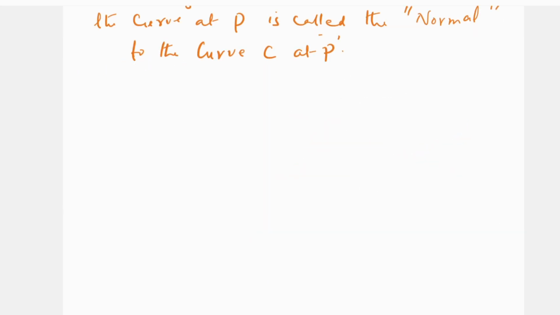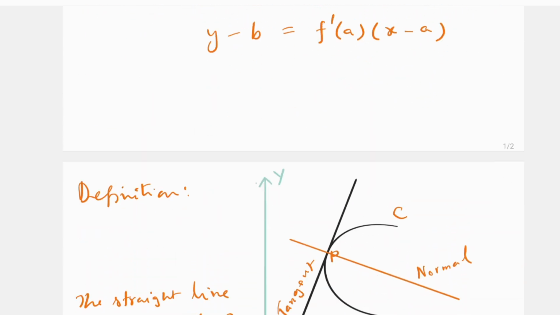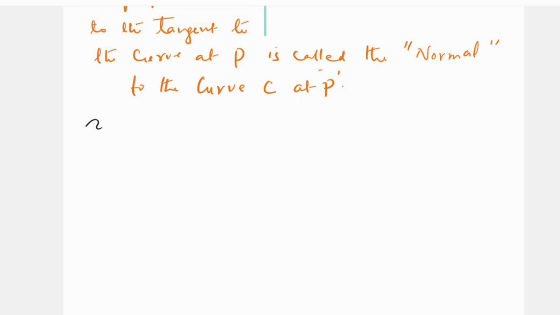Before taking the equation of the normal, we have taken the equation of tangent also. This is the equation of tangent we have taken. Now we shall take the equation of the normal.